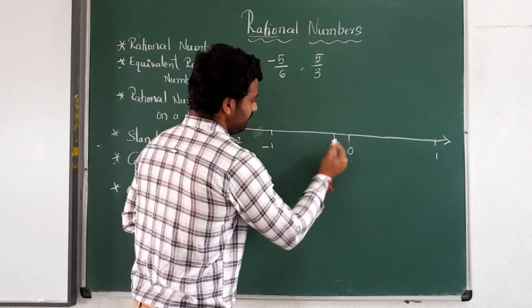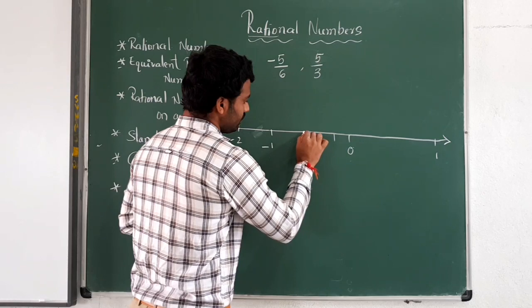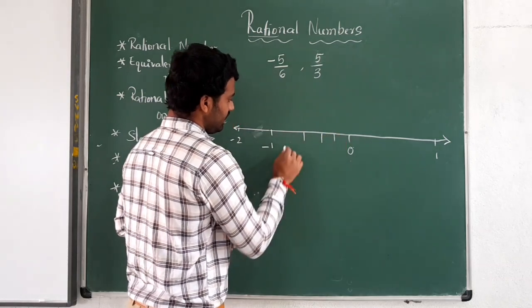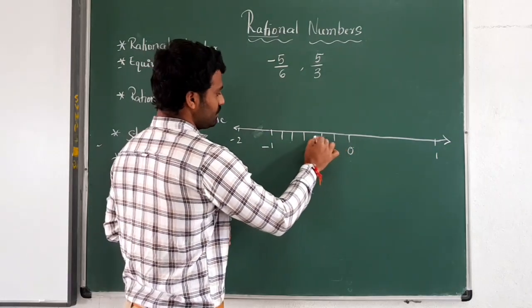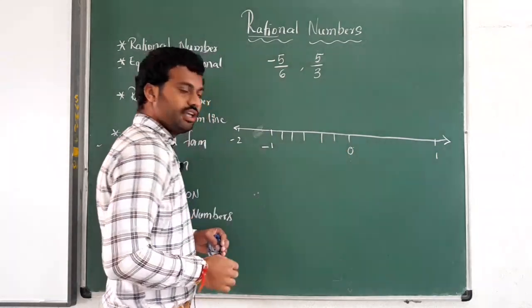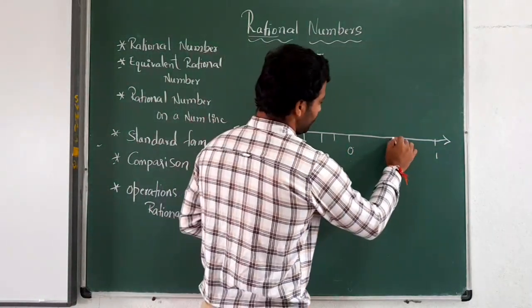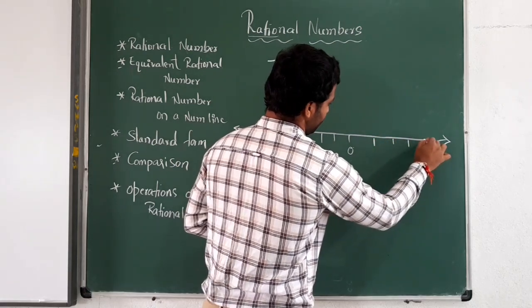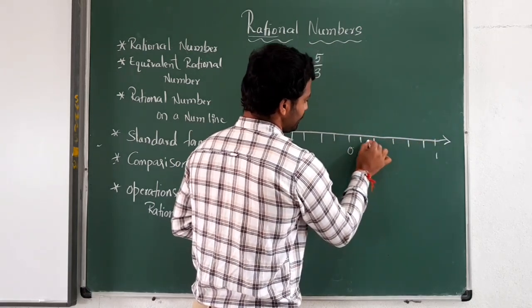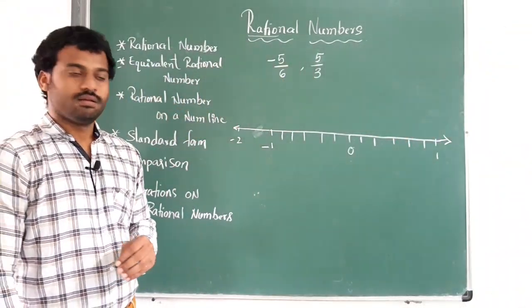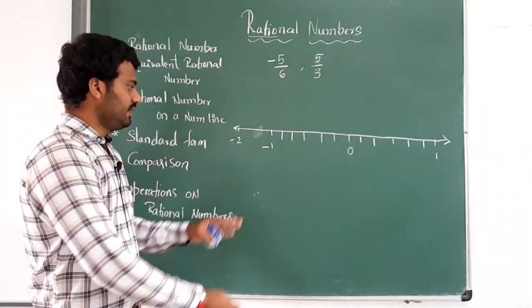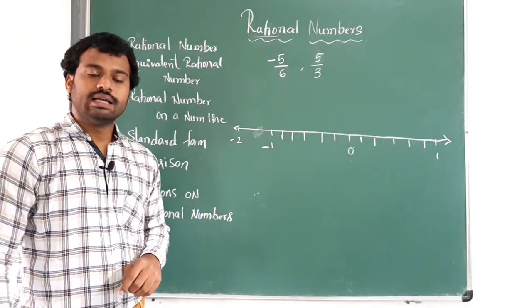So 1, 2, 3, 4, 5, 6. See, 1, 2, 3, 4, 5, 6 equal parts. Clear or not? On both sides I divided. Later you can divide here.